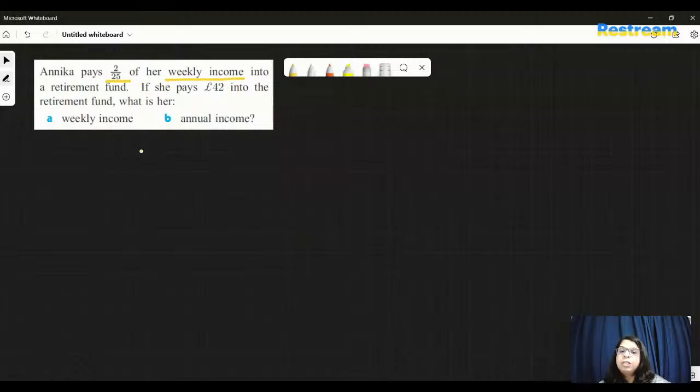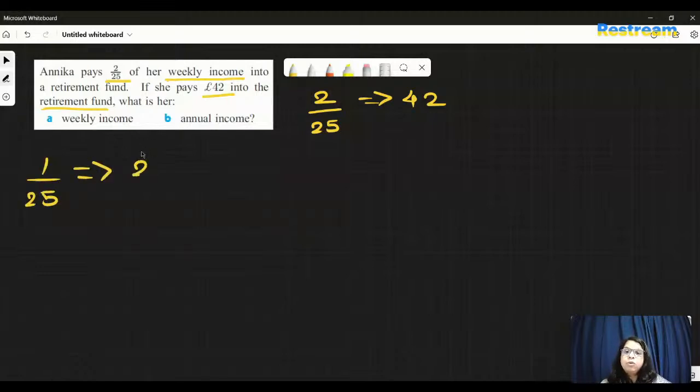And how much is she paying? $42 into the retirement fund. So first question is what is her weekly income? So it is 2/25, it corresponds to 42 pounds. That means one portion out of 25 corresponds to 21 pounds. Now her total portion is going to be 25 over 25.